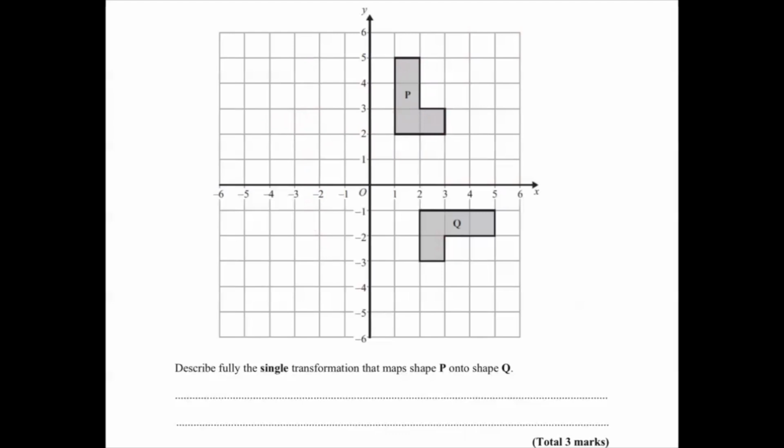So really, we're looking at whether this is a rotation or a reflection. Now, a rotation twists. And if we imagine this twisting around, it would change and possibly take this shape. But it's very difficult to visualize. So this is where the magic of the tracing paper that you will be given in your exam comes into its own.